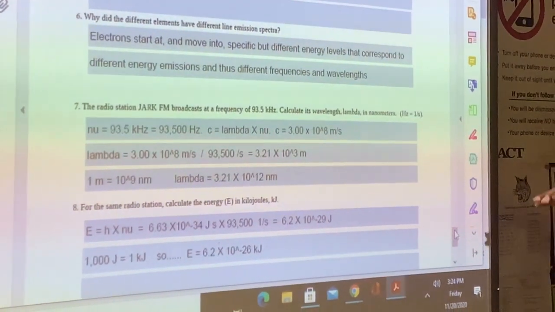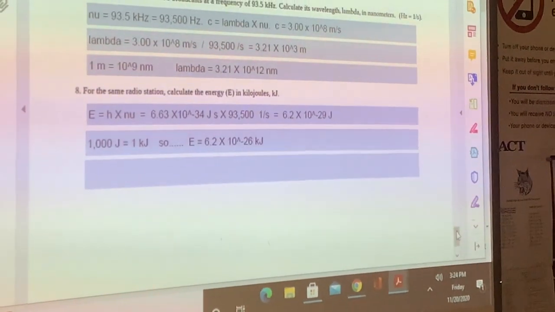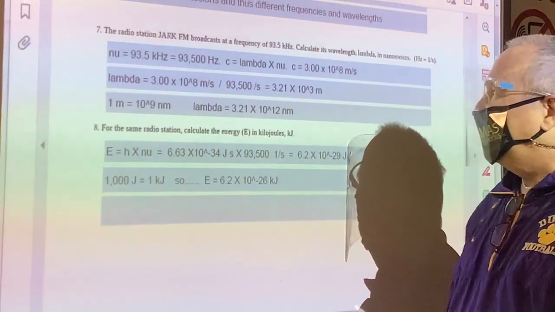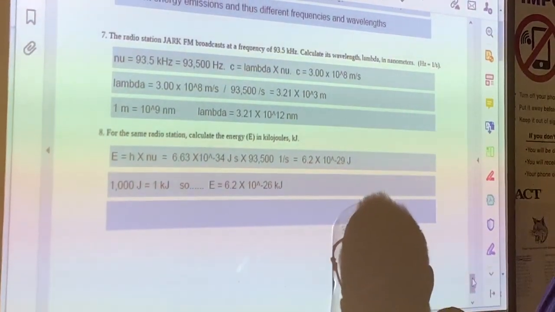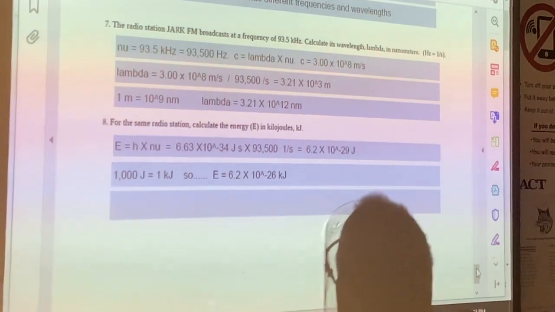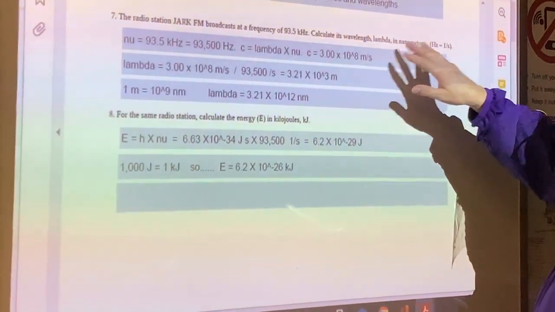So, there's a quick problem here. The radio station, Arkansas, JARC FM, broadcasts at 93.5 kilohertz on your FM dial. You know, you can find that 93.5. Calculate its wavelength, lambda, in nanometers.